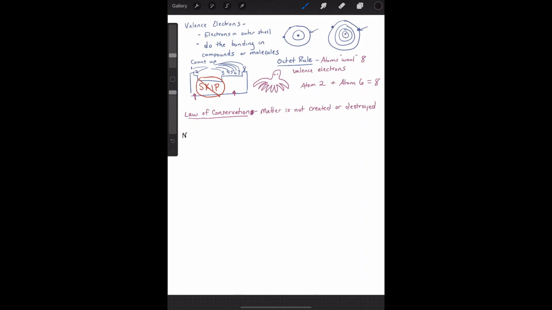So I'm going to start with the chemical reaction NaHCO3 plus HC2H3O2, and that yields NaC2H3O2 plus H2O plus CO2. So we have two reactants.